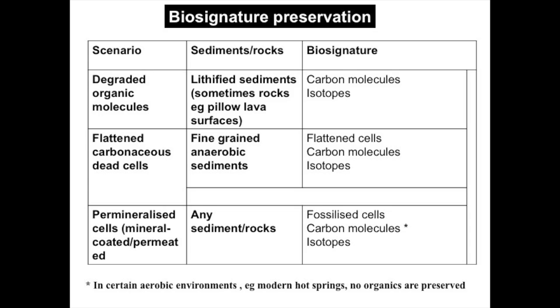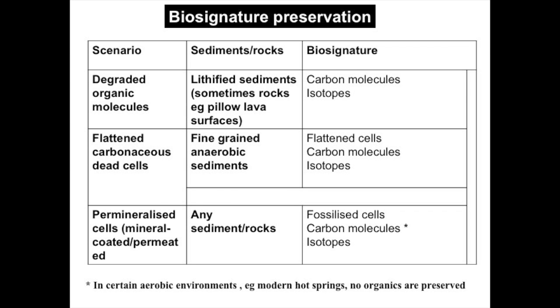So these organisms have very thick membranes, and they can be deposited with fine-grained, anaerobic sediments, and they're flattened. So you can see the flattened remains of these cells. You have a physical signature, the flattened cell, or organic cell. You can measure the carbon molecules again and the isotopes.